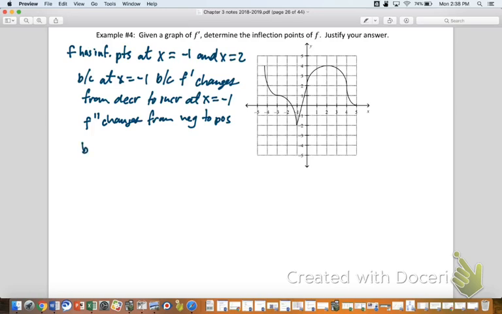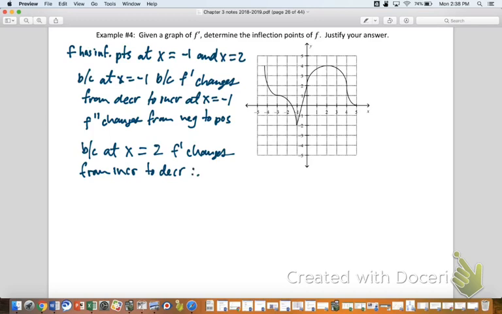So also, at x equals 2, what is f prime doing? Changes from increasing to decreasing. There you go. f prime changes from increasing to decreasing. Alternatively, you could say that because f prime changes from increasing to decreasing, f double prime goes from what to what?